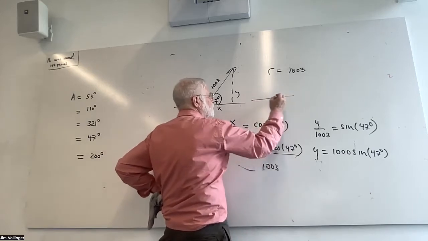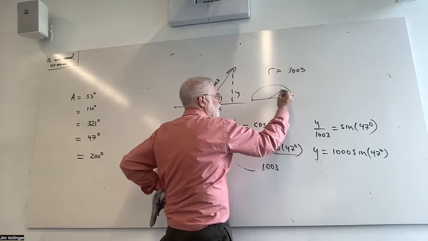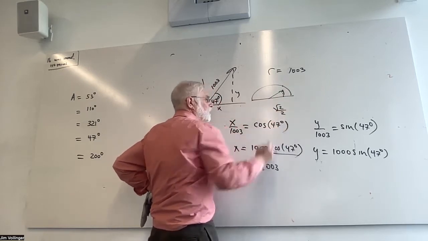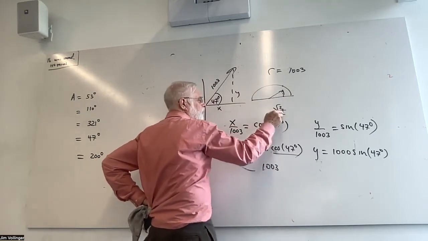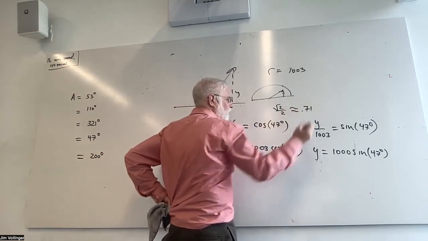Let's do a little arc cosine. 47 degrees here. Right, there's the arc. What's that height? 47 degrees, pretty close to root 2 over 2. Right, so 47 is farther up, so the width is a little bit smaller than 0.71.